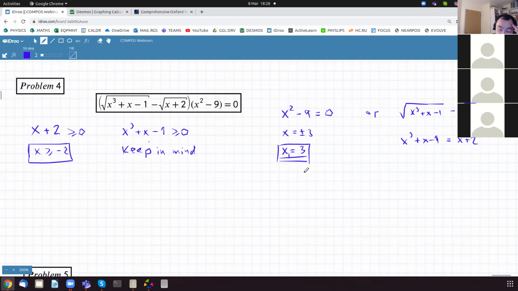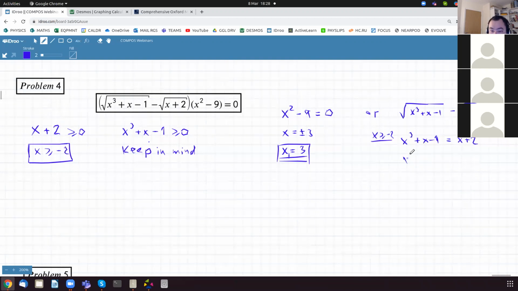So we have only one limitation here: x is greater or equal to -2. We don't even need to consider that this is positive, because if x is greater than -2, this is going to be positive, and if they are equal, this will also be positive. So this is a little bit of a shortcut here.